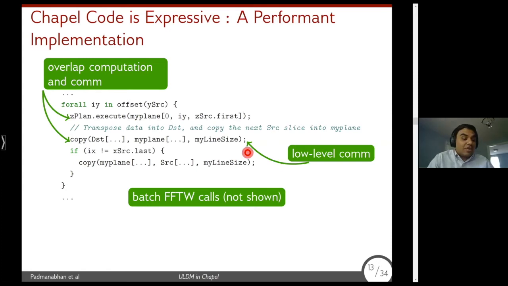We had to break away from that very simple PGAS model that I showed you before and actually do some low-level communication to avoid overheads from slicing of arrays. And then an optimization we did here that I'm not showing you is batching the FFTW call, so we didn't have to keep going back and forth to the C version out here.